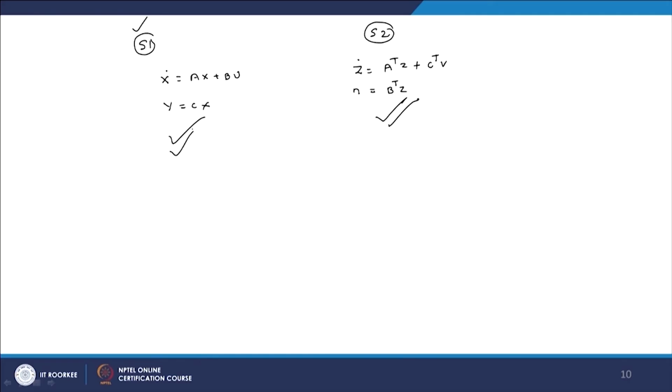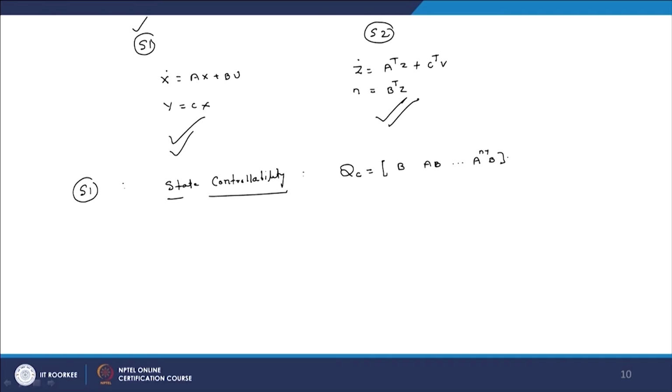Now for this system S1, the state controllability, that is say QC. Controllability by the Kalman test we can write down as B, AB, and this process repeated up to A raised to n minus 1 B. That is state controllability for S1.